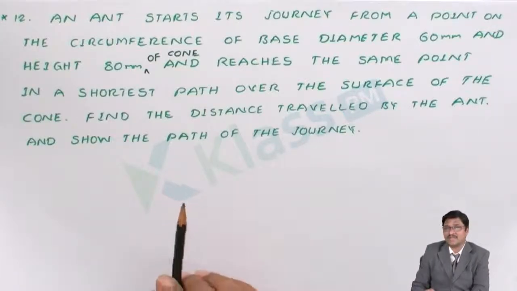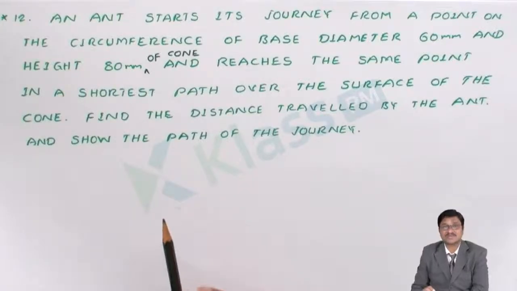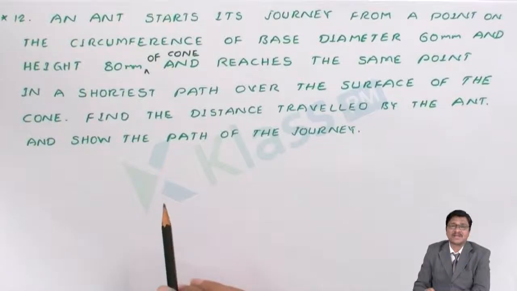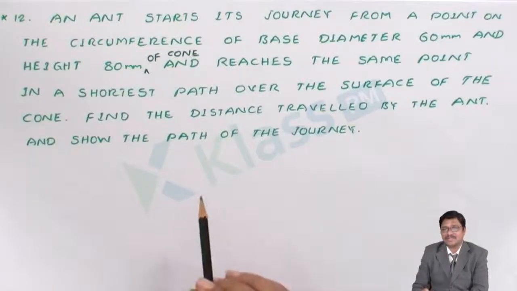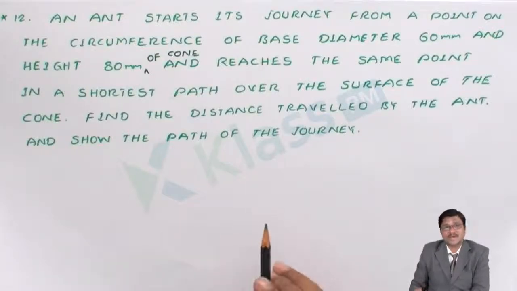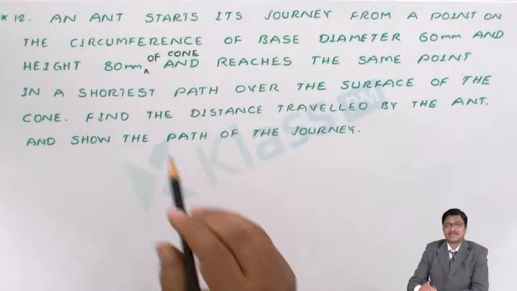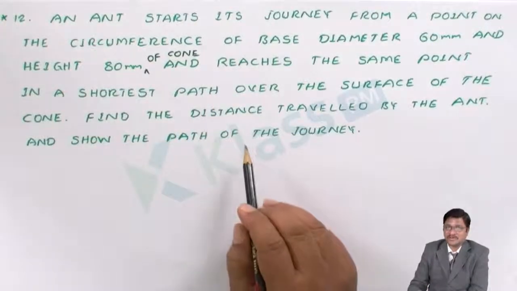Keep in mind, not with points or lines, but with respect to a solid, if it asks for the shortest length of a wire or thread, you have to conclude in your mind that you are going to develop the surface to get the required solution. So even though it is not asked, this is a problem of development of surface.